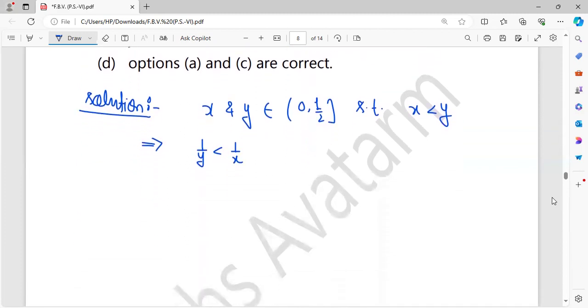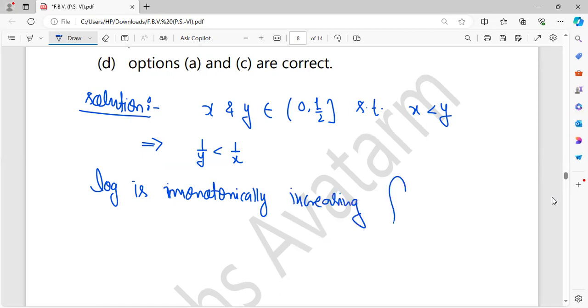But log is a monotonically increasing function.